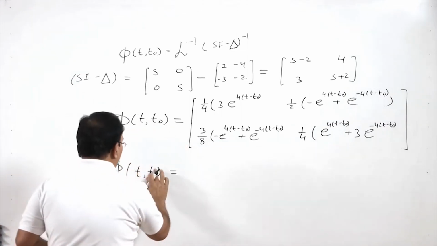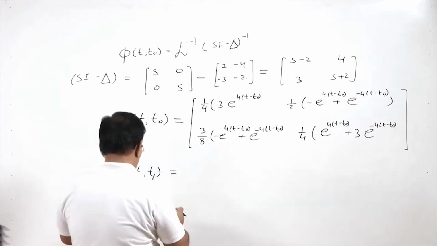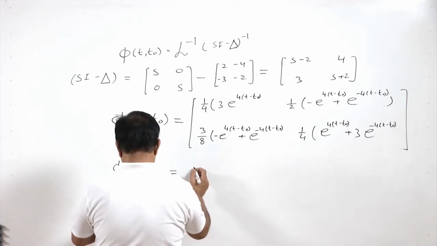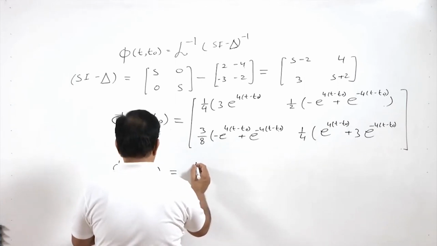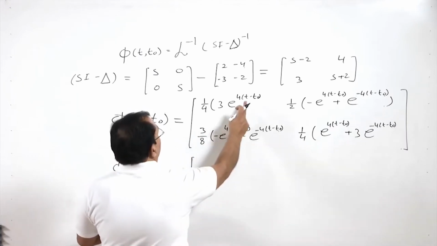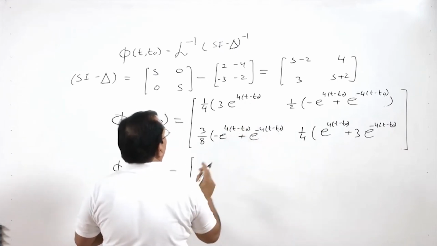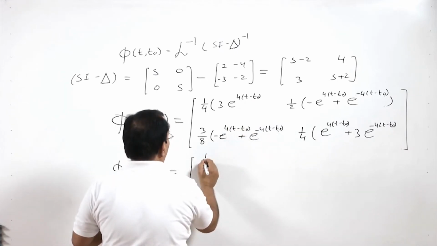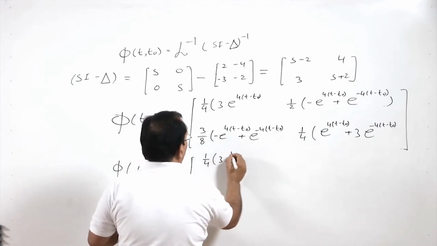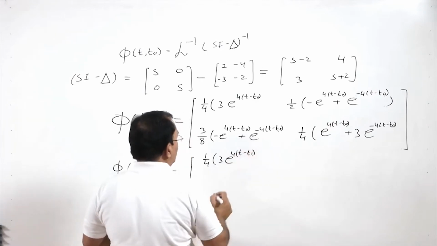As we have taken T1, we will take this as T0 to T1. So, we can write this matrix simply as, just these terms I have to reverse. So, it is the same matrix like 1 by 4, 3 e to the power 4 t minus T1.